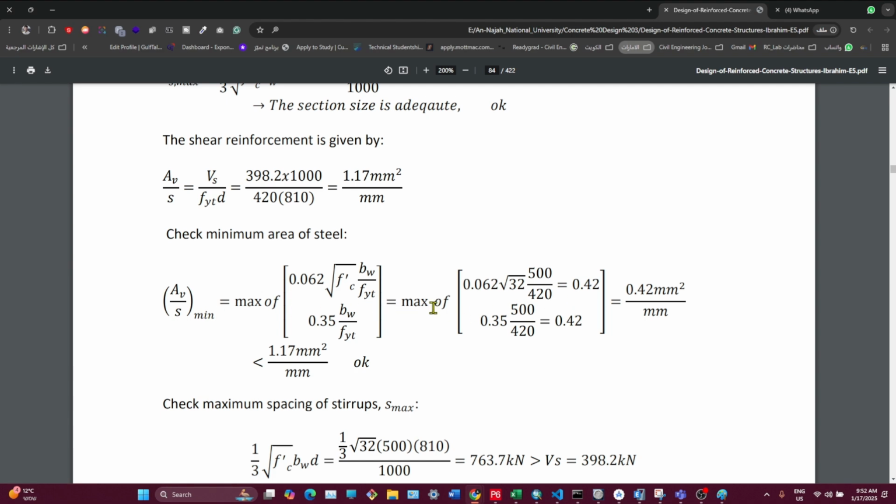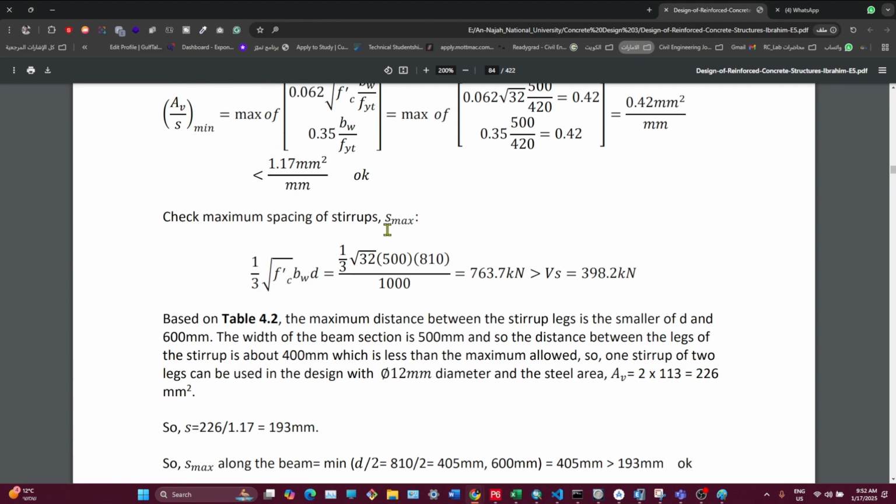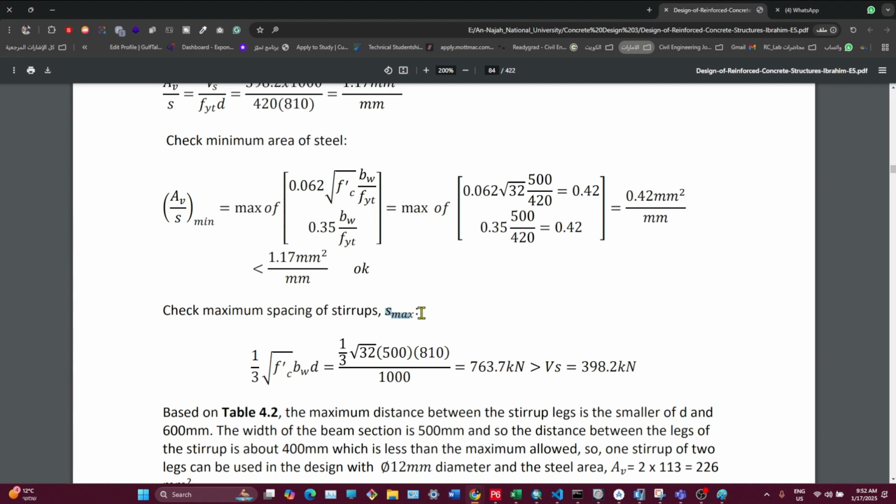AV over S maximum, or it's called S maximum. Here the term to be checked is S maximum, and again it is represented by the AV over S, simply because S is dependent on the AV. Now, AV over S minimum is the maximum of these two equations here.